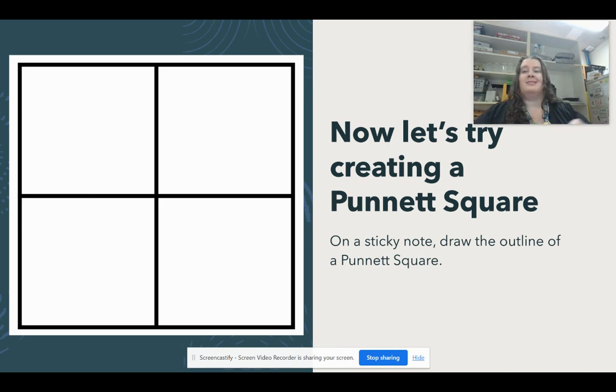Brown or black hair is dominant. We're going to pretend like one parent has a dominant and a recessive. And the other parent has both dominant. So both parents have dominant.